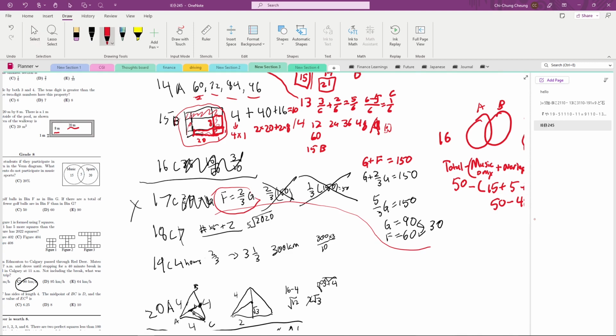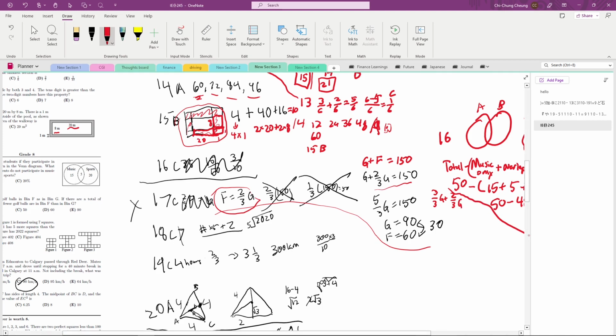So you just plug in F as 2/3 of G over here, and then you add the G's together. It's 5/3 because I'll just do it slowly. This is also equal to 3/3 G plus 2/3 G, because 3/3 is 1, right?